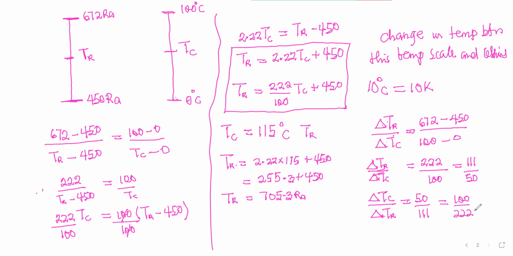So please note the difference between the change in temperature and converting one temperature to the other using the scale. So this is how it goes. Any question? Blessing, is there any question?